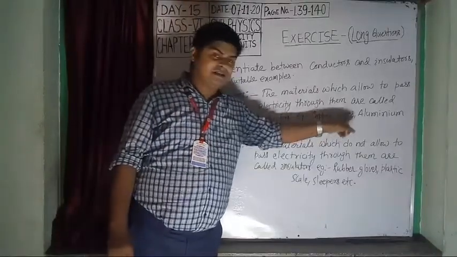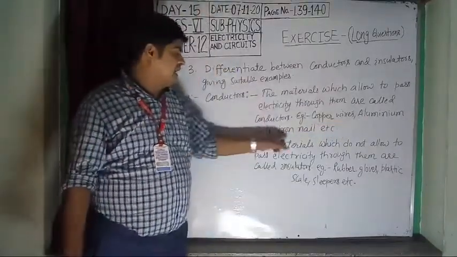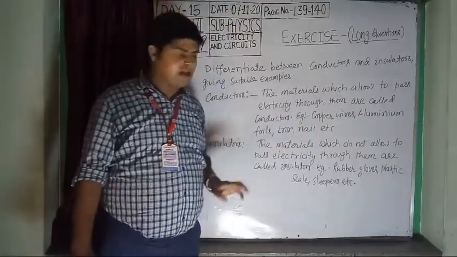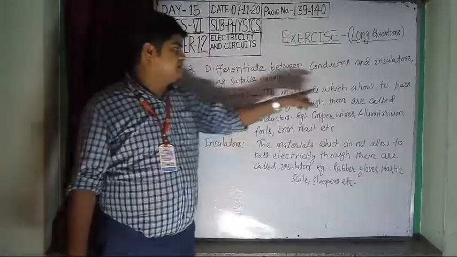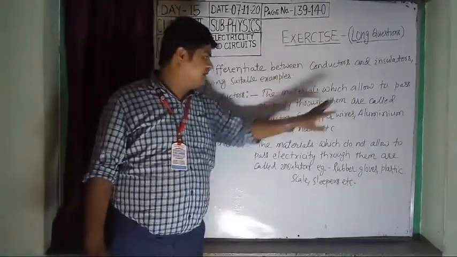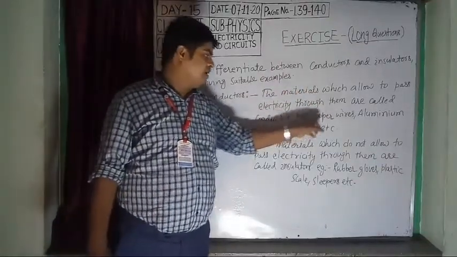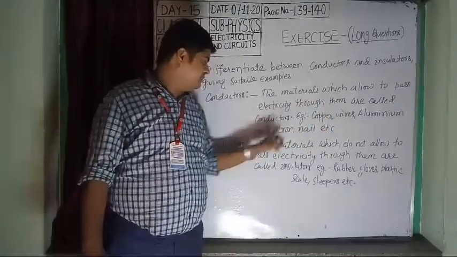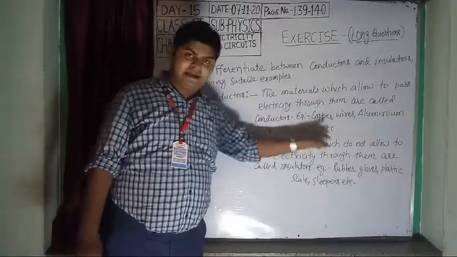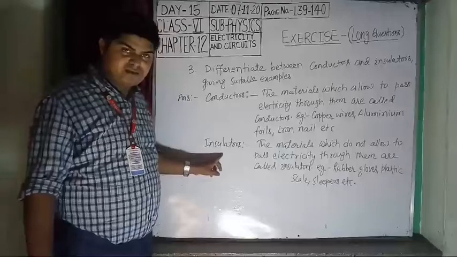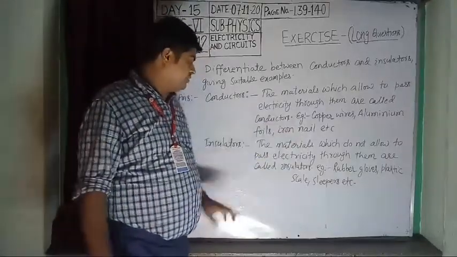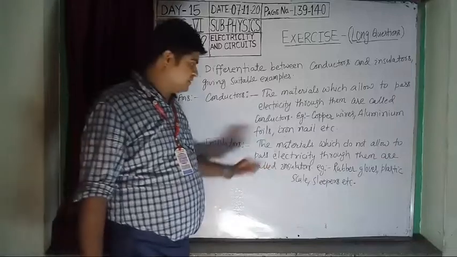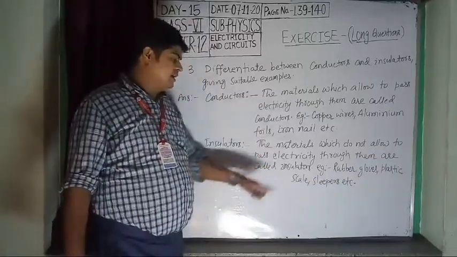Copper wires, aluminum foils, iron nail, etc. You will write four or five more examples there. The materials which allow electricity to pass through them are called conductors. Example, copper wires, aluminum foils, iron nail, etc. Now insulators: the materials which do not allow electricity to pass through them are called insulators.